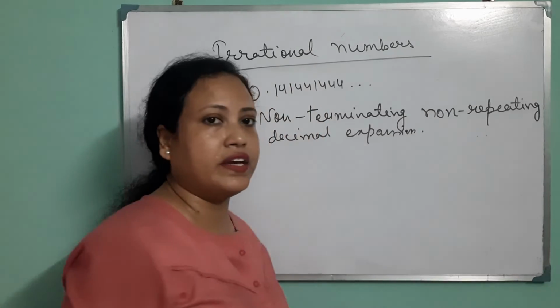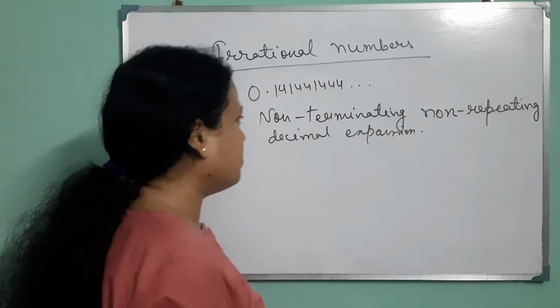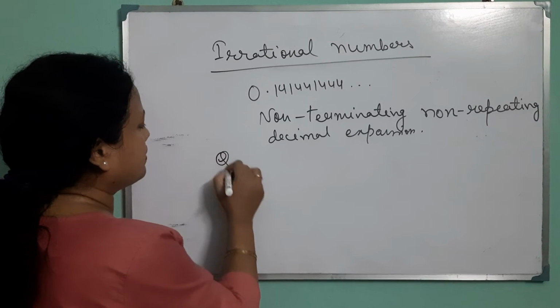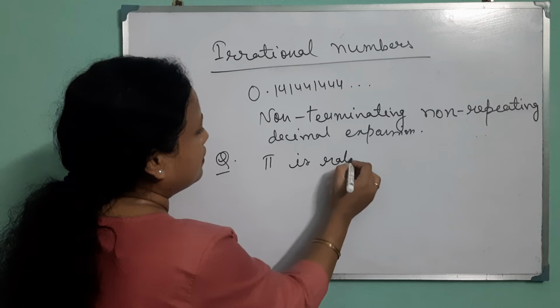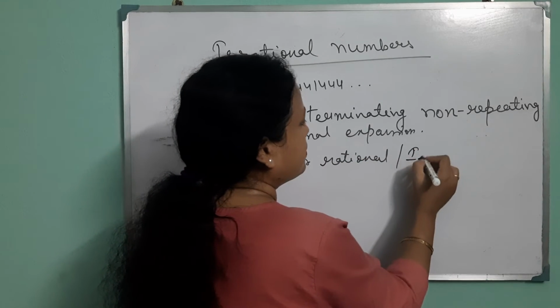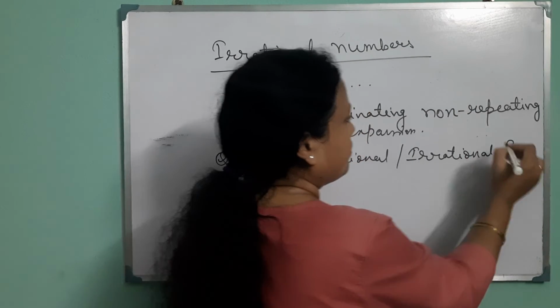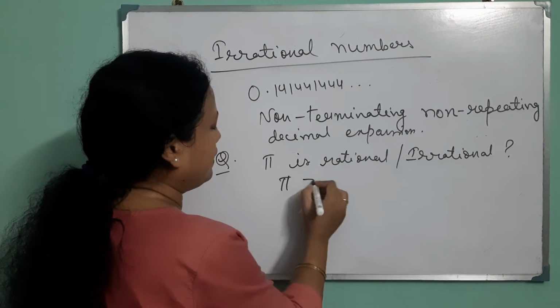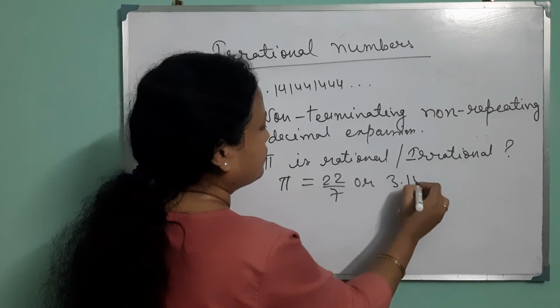So let us differentiate rational and irrational numbers by one more example. Can you tell me whether pi is rational or irrational? Because value of pi is 22/7 or 3.14.